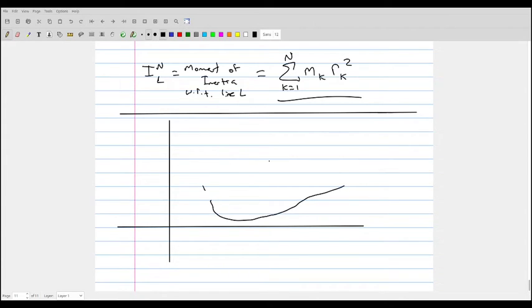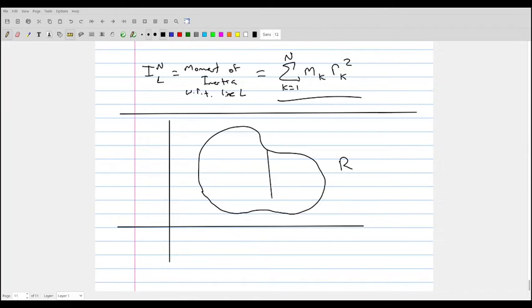Make it a little bit bigger, so the lamina looks like this. This is our region R, and we've partitioned this lamina into pieces.